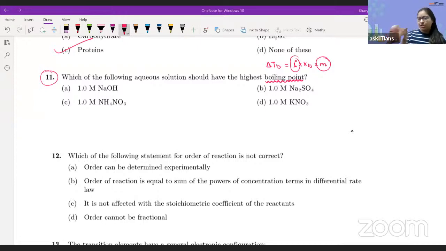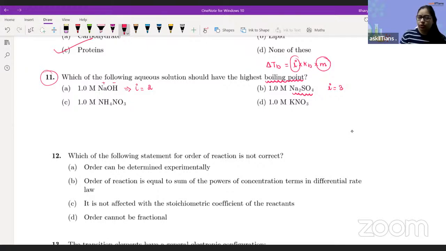Now, I just looked for the van't Hoff factor, and we have said that i is the number of ions to which it is dissociated. For example, NaOH dissociates into Na plus and OH negative ion, so it will produce 2 ions. In the second case, which we just discussed, 2 Na plus and 1 sulfate, total number of ions is 3.